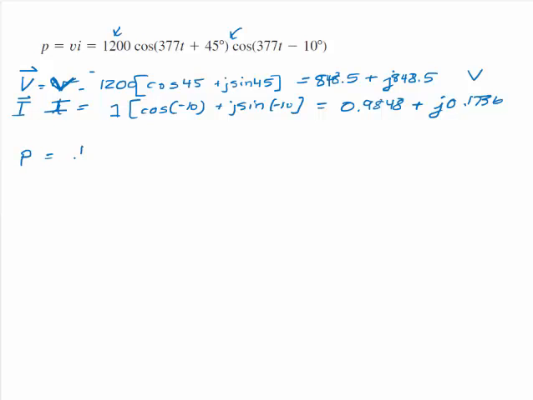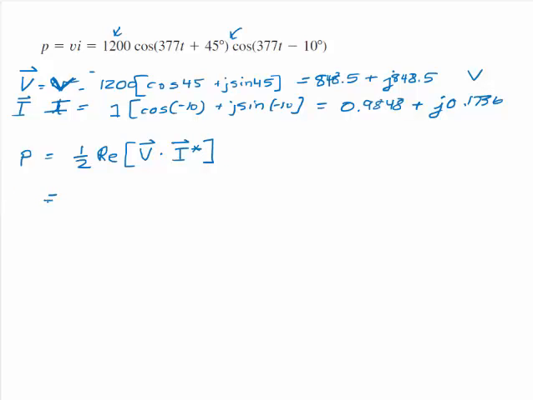If I wanted to find the average power, it's 1/2. Remember, our 1/2 actually comes in from multiplying cosine A cosine B. 1/2 the real part of voltage, which is in phasor notation, so I'll put the little vector symbol over it, times current in phasor notation, complex conjugate.